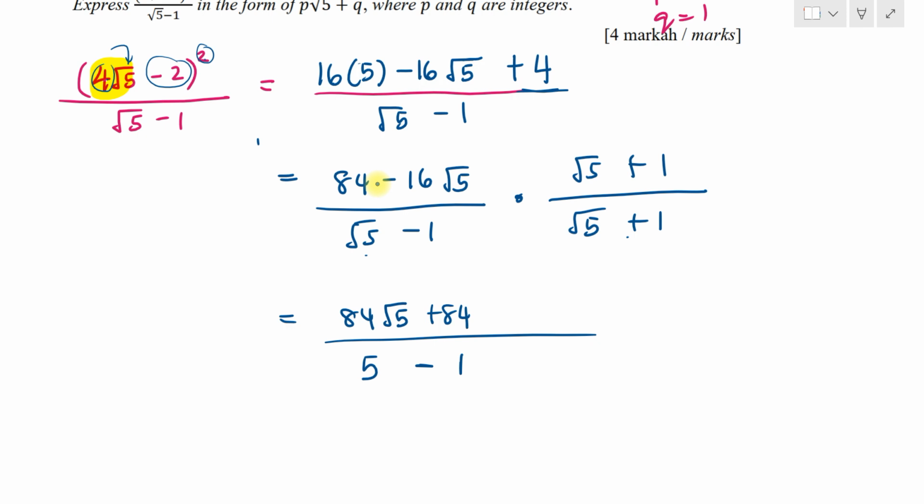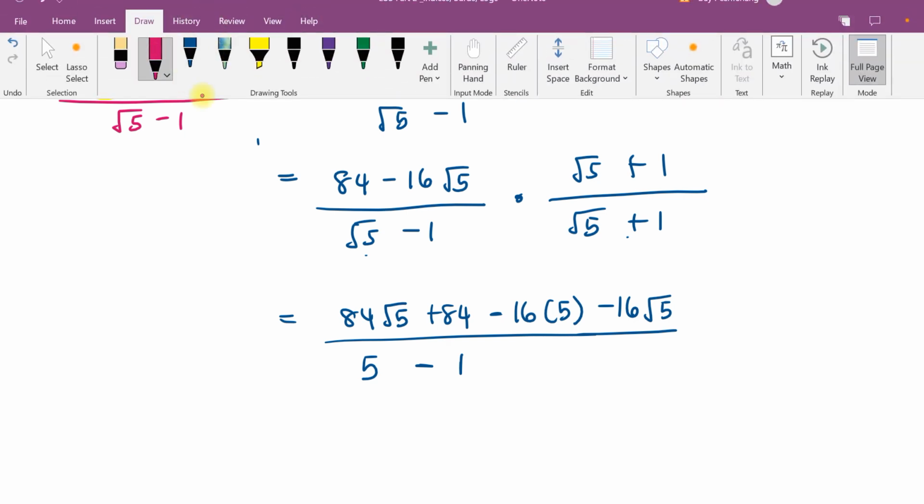Then minus 16 surd 5 multiply surd 5. So surd 5 will cancel. So minus 16 bracket 5. And minus 16 surd 5 times 1. So you get minus 16 surd 5. Okay. Right. So let's settle this.